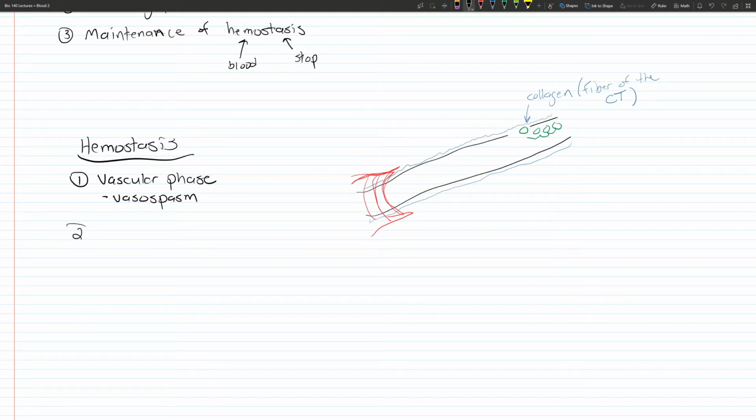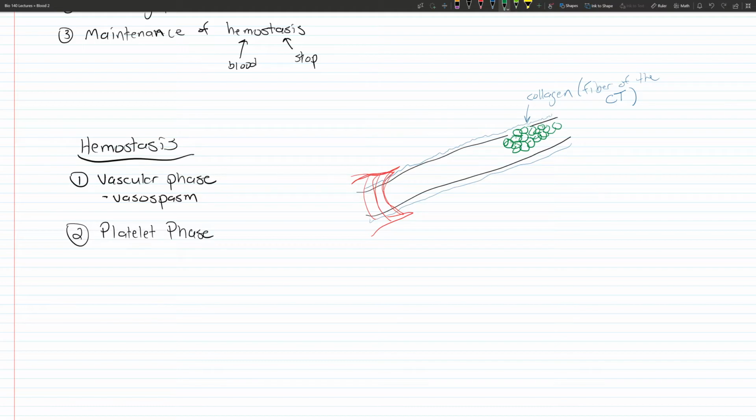Second, you get what's called the platelet phase. When that initial platelet gets stuck in the collagen, it's going to send out a signal saying, hey, I need more platelets. So you're going to get a bunch of platelets. They're going to bunch up around this, and they're going to wall off that injury.